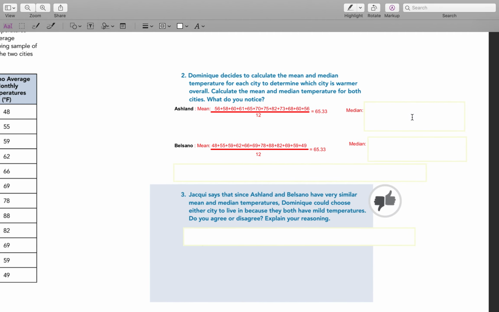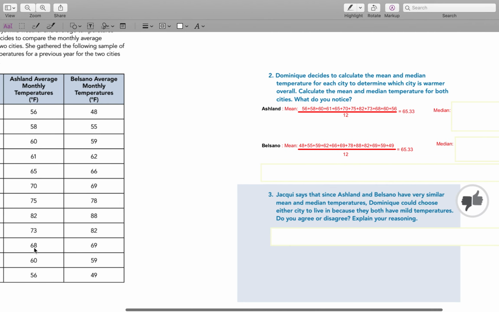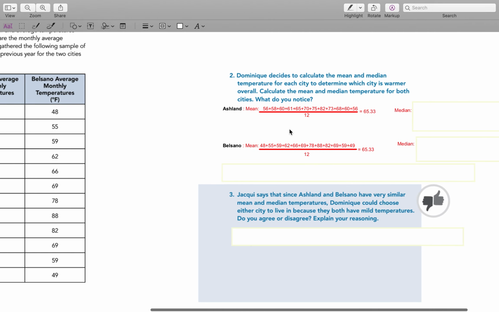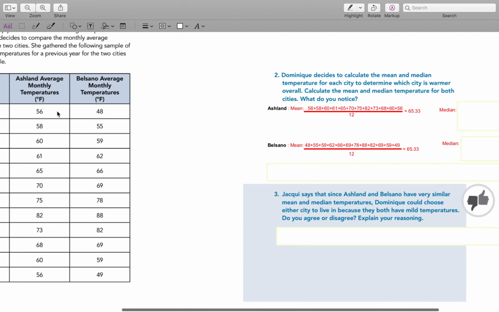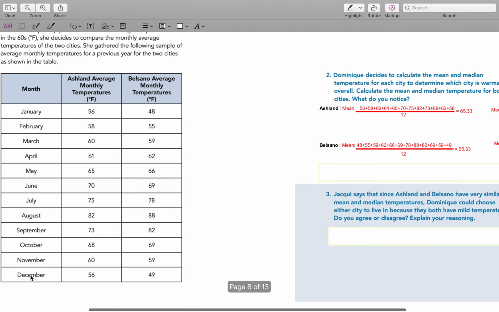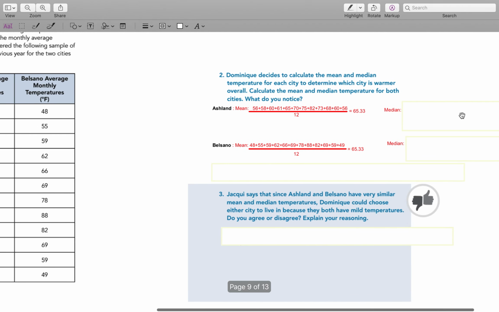Okay, median is the middle number in the data set. So your first step is to list them in order from least to greatest. So 56, 58, 60, but they're not in order, right? This is by months, so we need to physically put them in order.